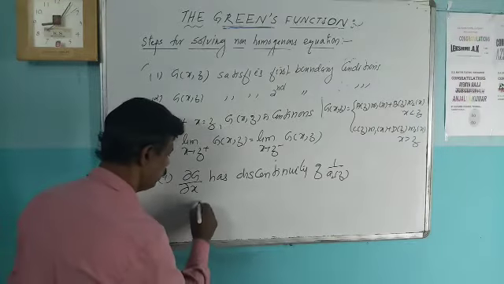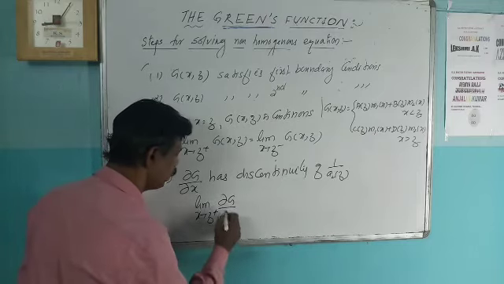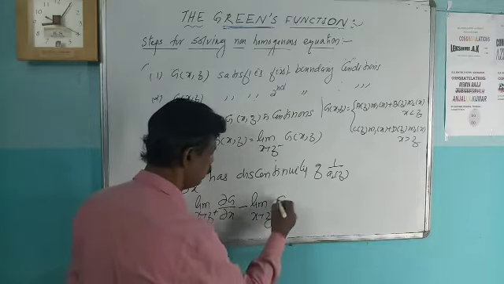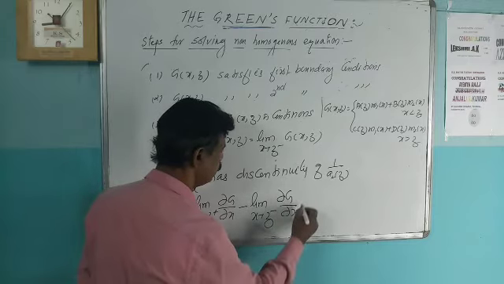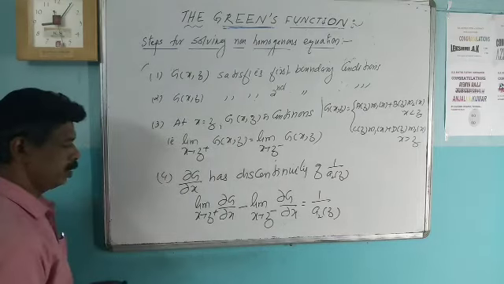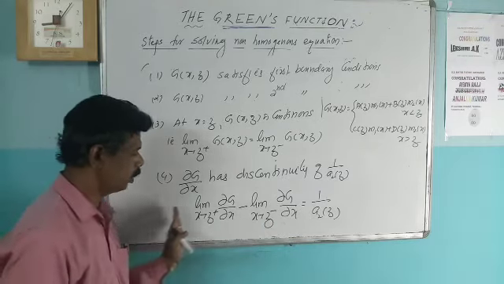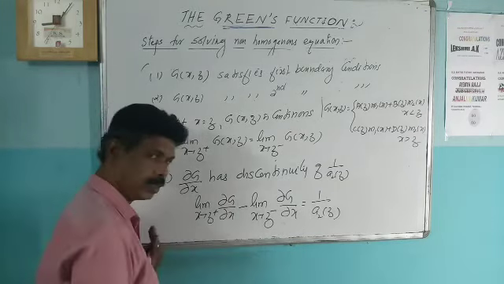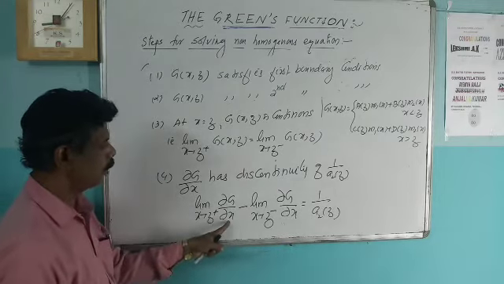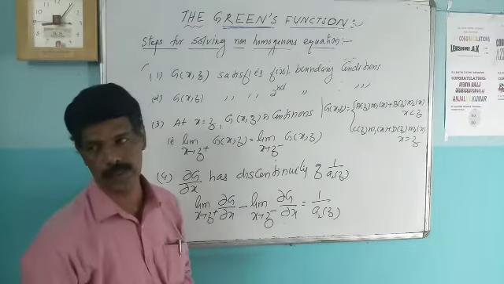That means we can write limit x tends to z plus dou g by dou x minus limit x tends to z minus dou g by dou x is equal to 1 by a2 z. This is the upper limit and this is the lower limit.